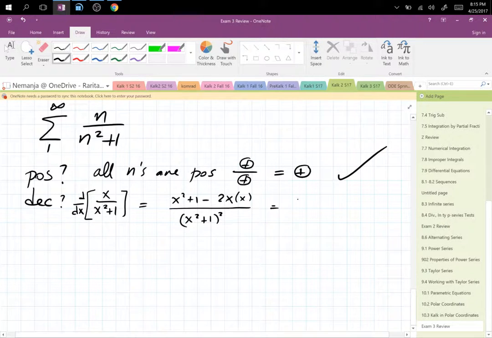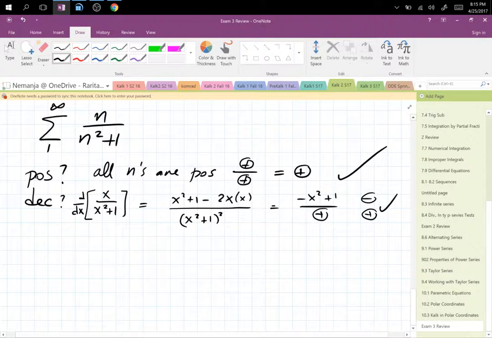So you have negative x squared plus 1 over the positive value. When you start at 1, the first number is 0, and then from that point on, all are negative. You always have negative divided by positive, so that's less than 0, meaning it's decreasing. Great. Boom.